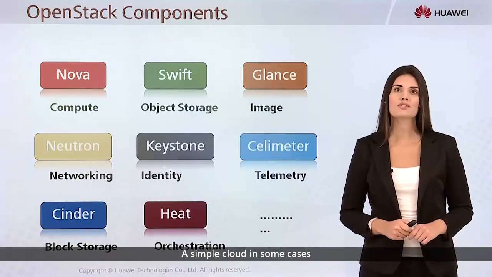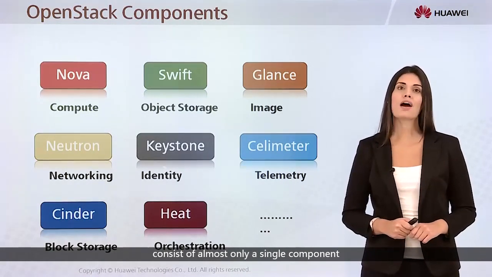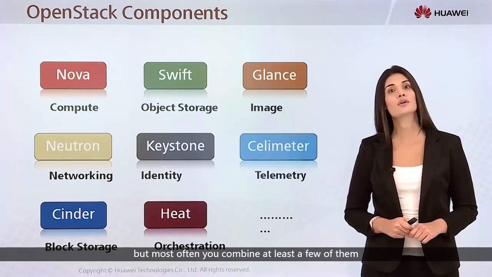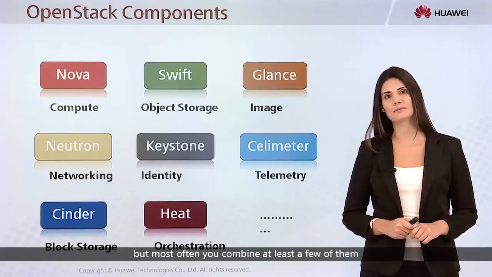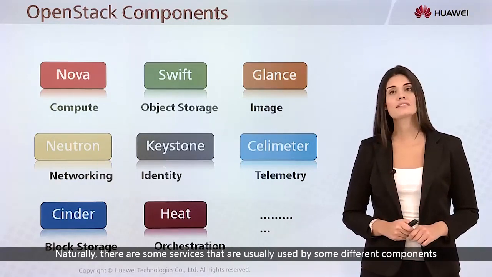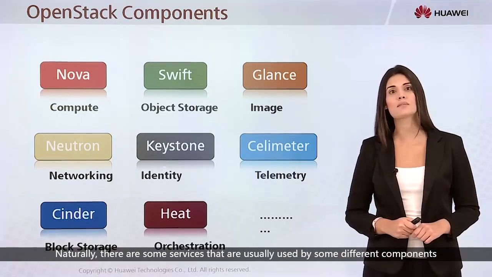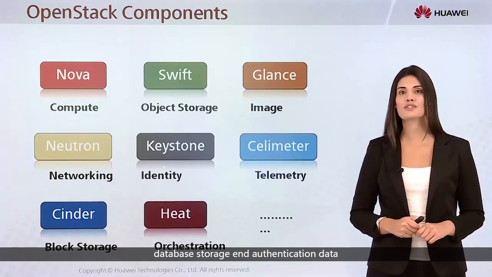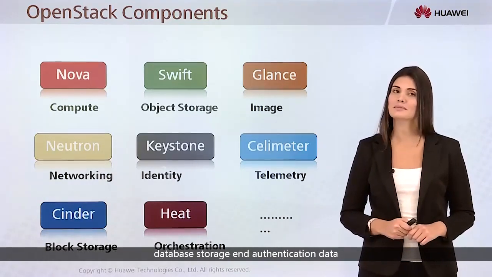A simple cloud in some cases consists of almost only a single component, but most often you combine at least a few of them. Naturally, there are some services that are usually used by different components, for example, database storage and authentication data.